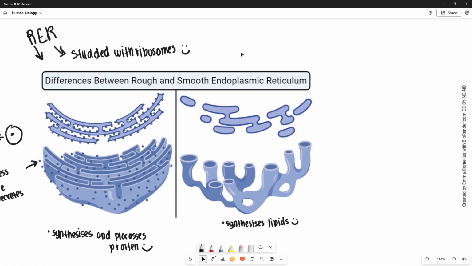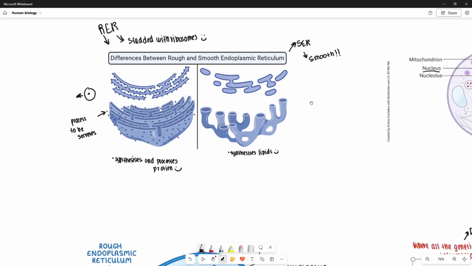And this is smooth, so this will be the SER, the smooth endoplasmic reticulum. Remember that. That's the main difference. Smooth and rough: studded with ribosomes, no ribosomes.